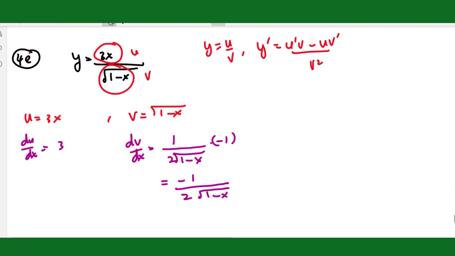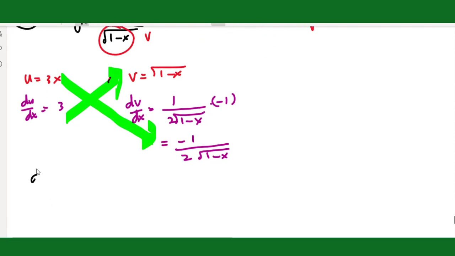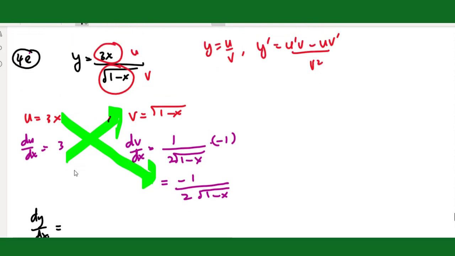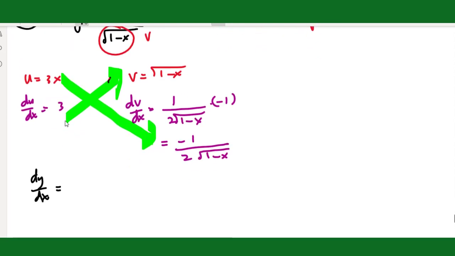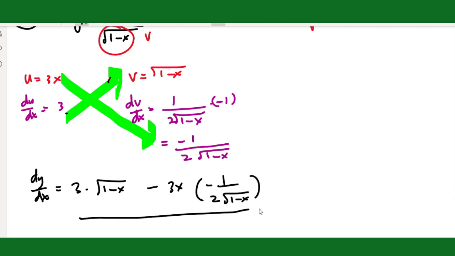Then, okay, cross multiply like this and apply the quotient rule, dy dx. And then write down this one: 3 times square root of 1 minus x, 3 times v, minus 3x times negative 1 over 2 square root of 1 minus x, over v squared, 1 minus x.